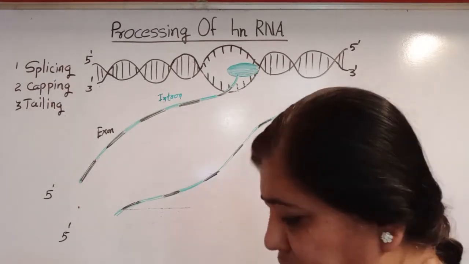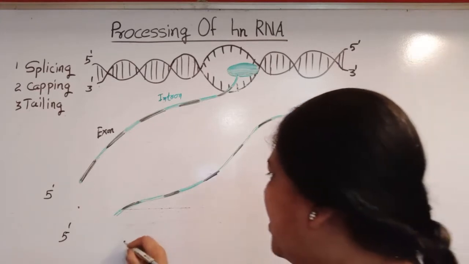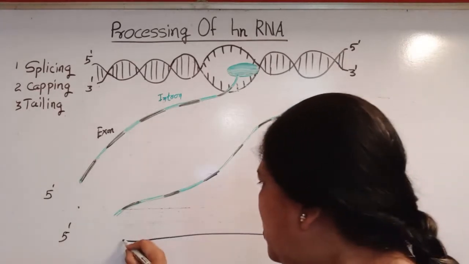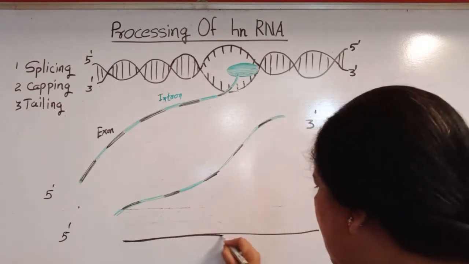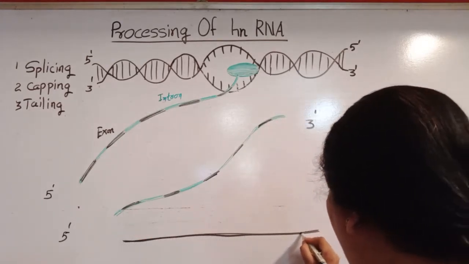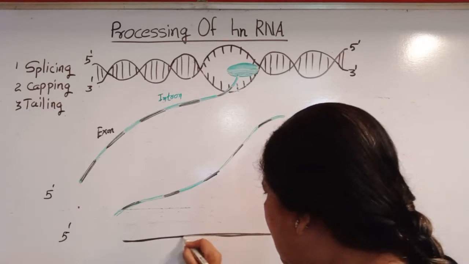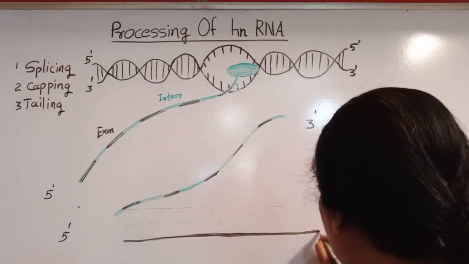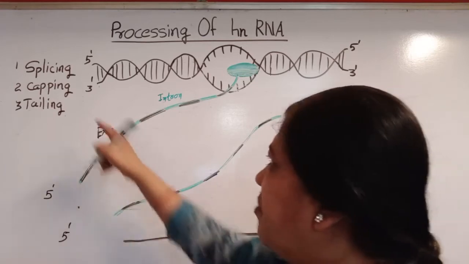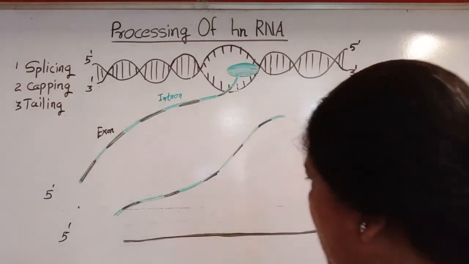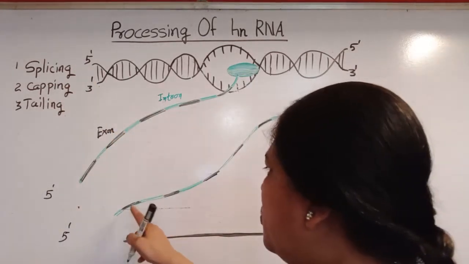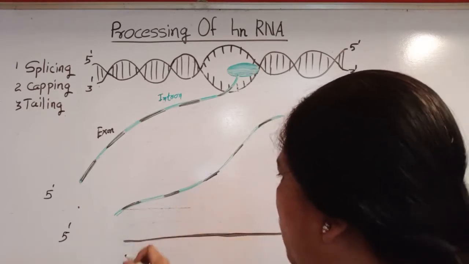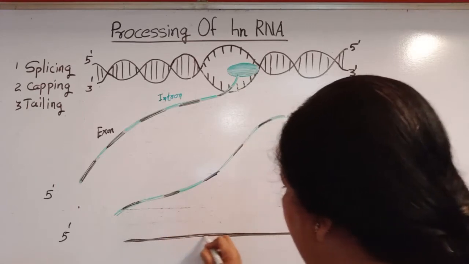So see in the next diagram, this is RNA shown after completion of the process of splicing. In the splicing, introns are removed and only exons are there.